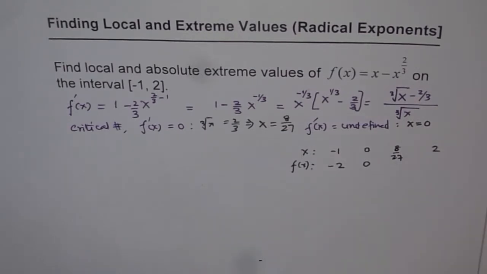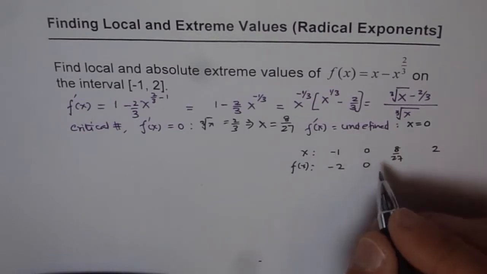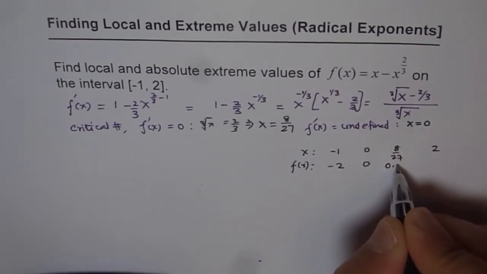We have 8 divided by 27 minus, within brackets, 8 over 27 to the power of 2 divided by 3, equals 16 over 27, which in decimal is 0.59. So let me write this as 0.6.